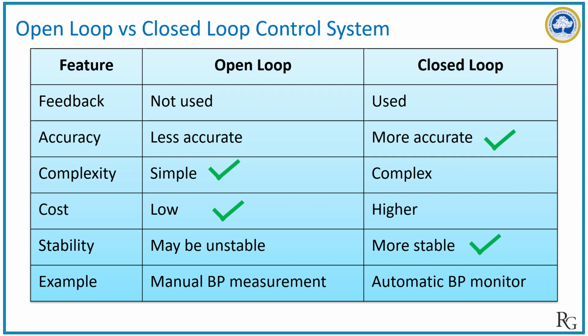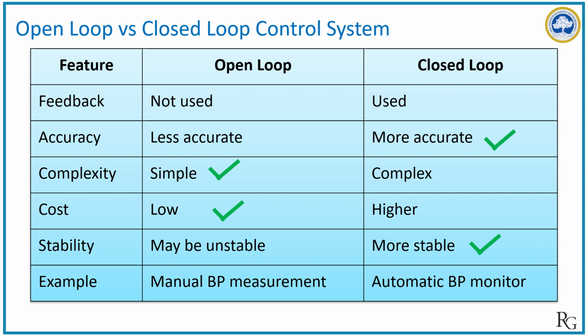Now, we know most of the aspects of our open loop and closed loop systems. If we compare, the open loop systems are simple and cost effective, but can't handle disturbance or variability. Whereas the closed loop systems are more accurate and robust, but they need sensors and processing, which makes them more complex.